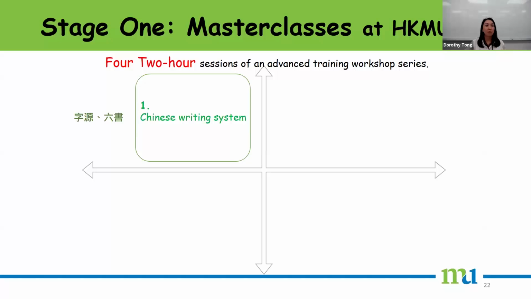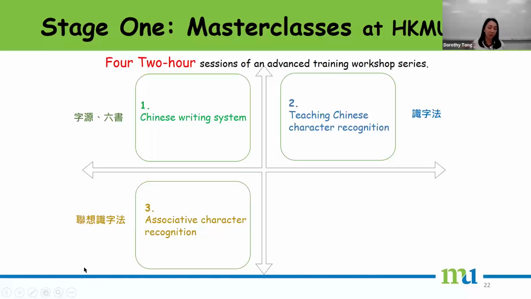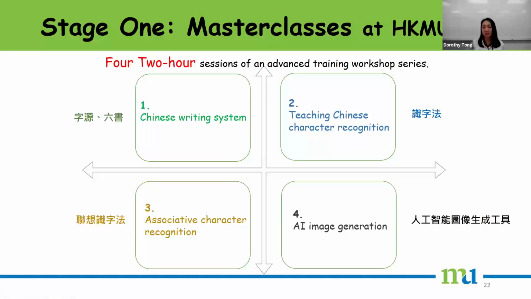So there were four 2-hour sessions of training workshops. The first one in the proposal was about the Chinese writing system. The second one was about teaching Chinese character recognition. The third one was about our concepts of the project, associative character recognition, and about AI image generation.